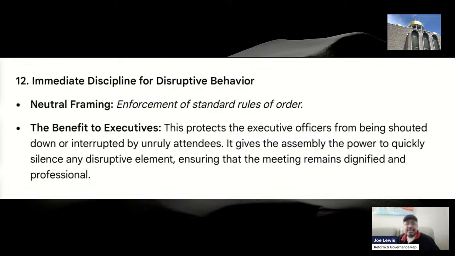You just have no idea. So, for disruptive behavior, you have to have protocols in place, and it protects the executive officers from being disrespected by these individuals that are here. So the meeting should remain dignified and professional. Next frame, please.